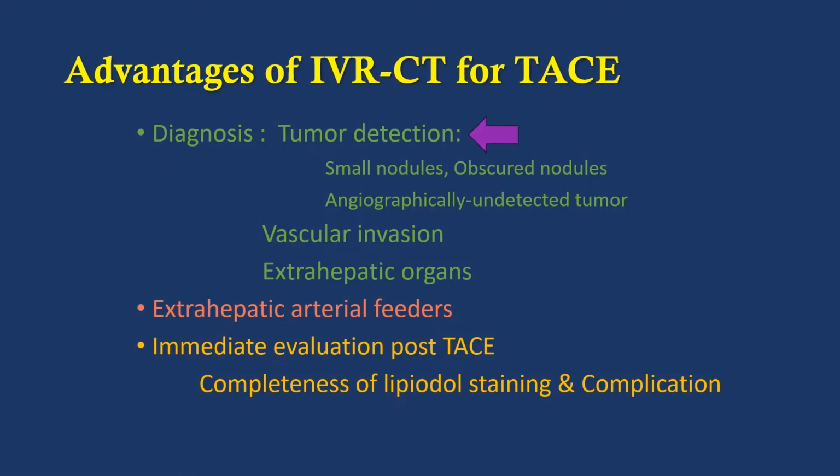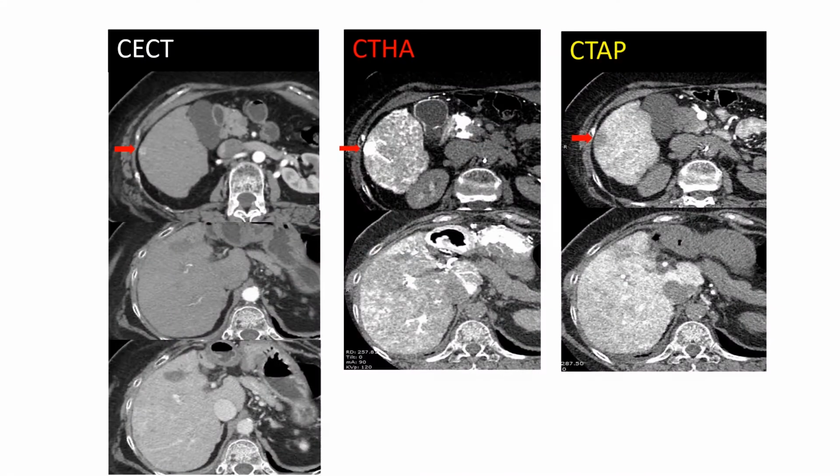Among the many advantages of IVR-CT, first, I would like to address the impressive diagnostic power of tumor detection and evaluation of vascular invasion and extrahepatic organs. In this case, the diagnostic CT shows a small HCC in the right lobe with background of liver cirrhosis.